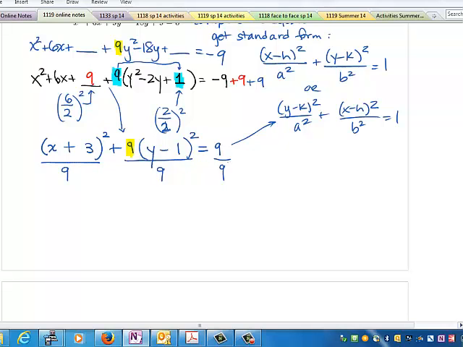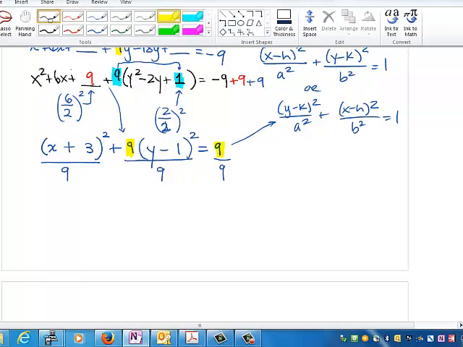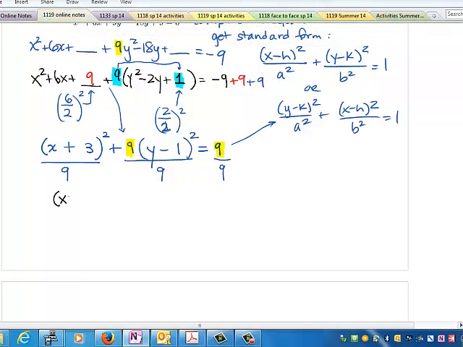And again, the reason really that we're dividing by that 9 is because we want a 1 on the right-hand side. So we divide everything by 9, and that gets rid of both of these 9s. So now we're looking at x plus 3 squared over 9 plus y minus 1 squared over 1 equals 1.